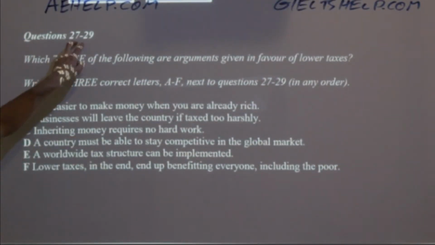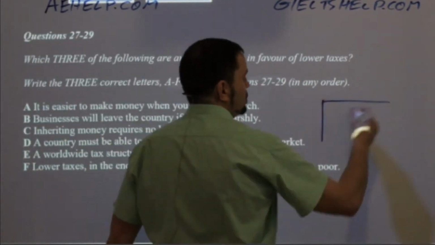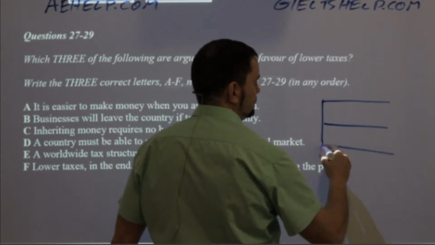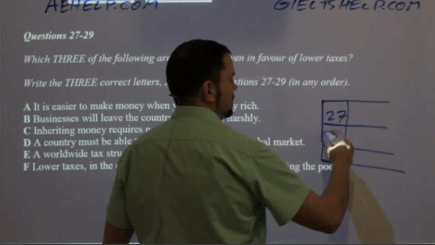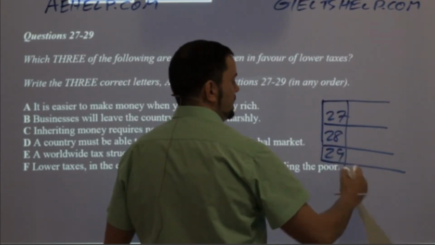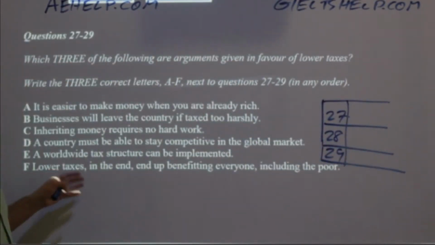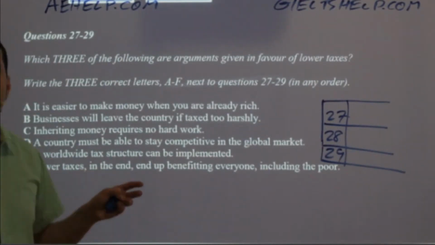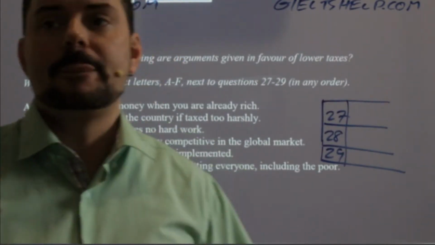So we have 3 different questions here. We have 27, 28, and 29. The order will not matter here. You just have to get the correct 3. What were the correct 3 answers here?